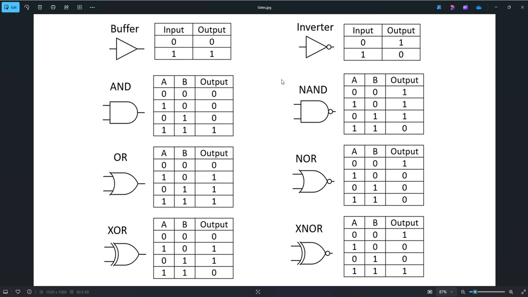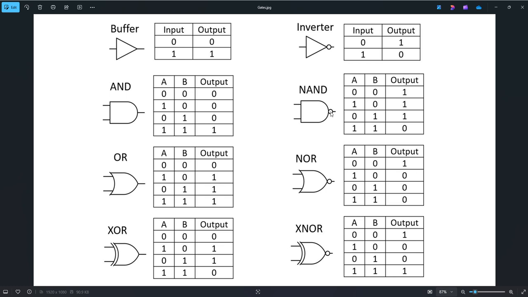Then the NAND would be the inverse. That means it inverts whatever this one was doing, the result will be inverted, meaning it is still a multiplying gate.